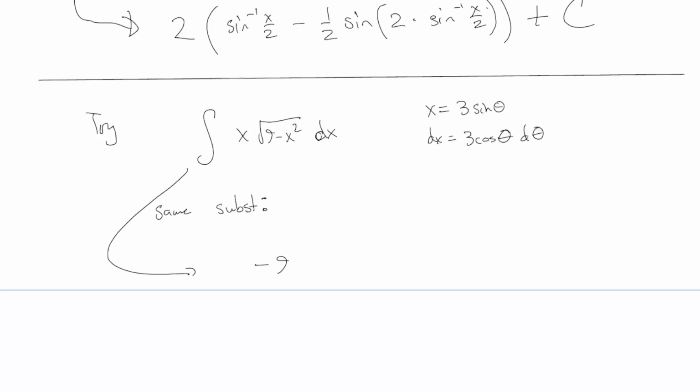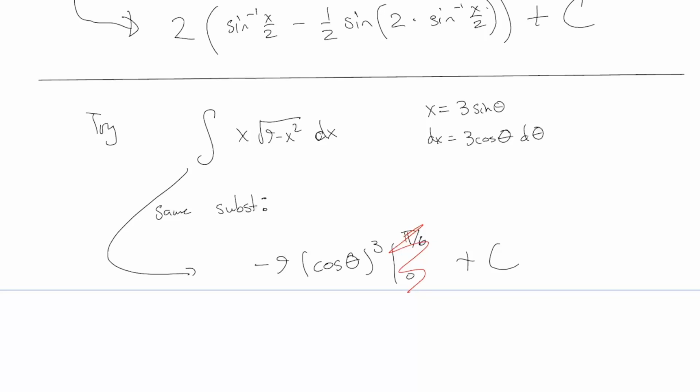It looked like minus 9 cosine theta cubed, and then we plugged in values, but I'm doing it without these values, right? And so it'll be just minus 9 cosine theta cubed, and I'm going to put the plus c at this point. So doing the exact same trigonometric substitution from that example leads us to this.